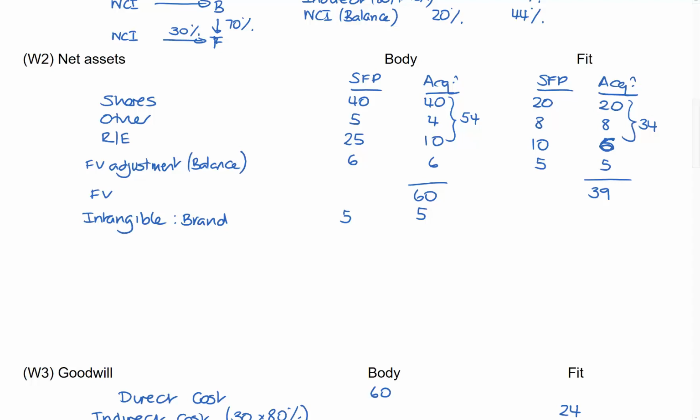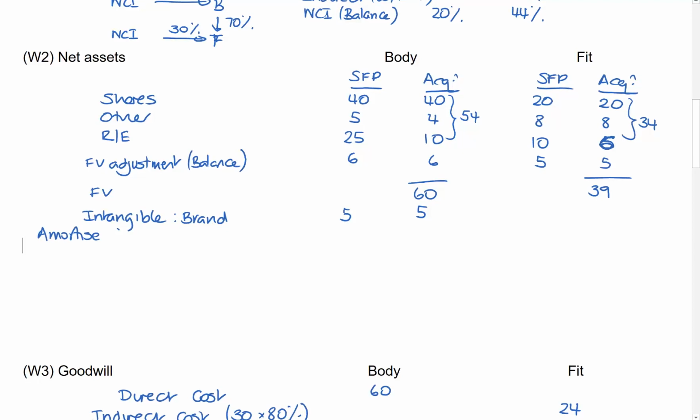So I'm going to amortize the brand with 2 years out of 10. Multiply that by 5 million. And I'm going to amortize the brand by 1 million, because you amortize it in the period post-acquisition.